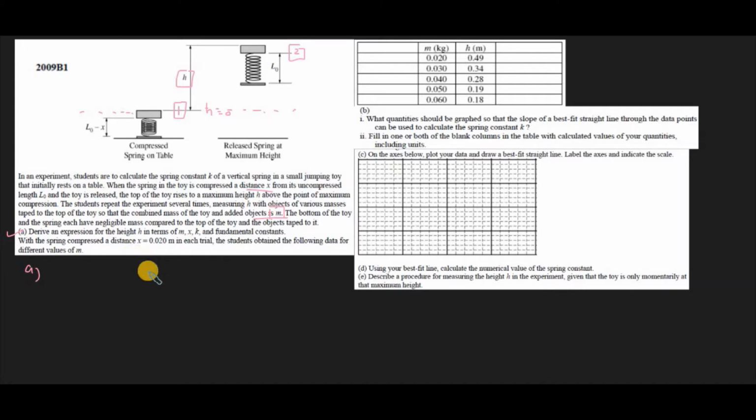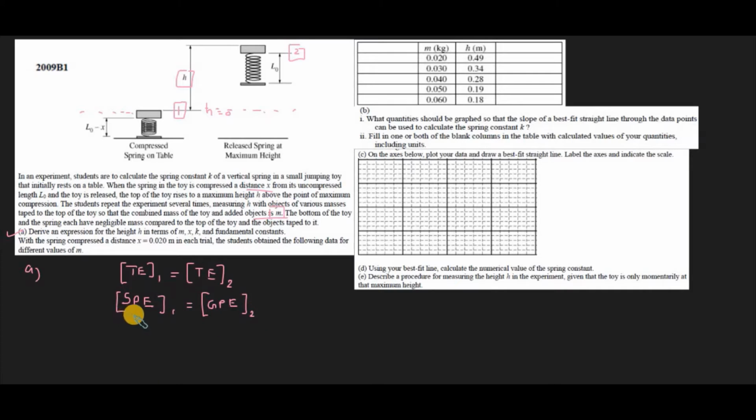So from the conservation of energy, the total energy at point 1 is equal to the total energy at point 2. The total energy at point 1 is the spring potential energy, and at point 2 it is the gravitational potential energy.